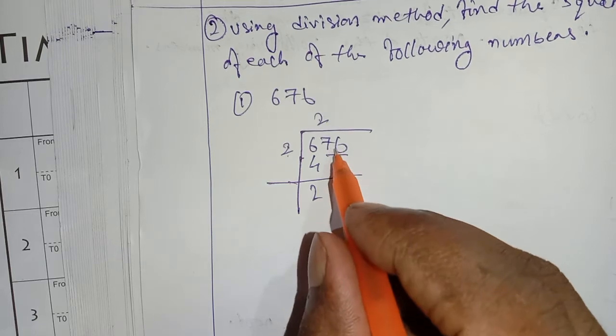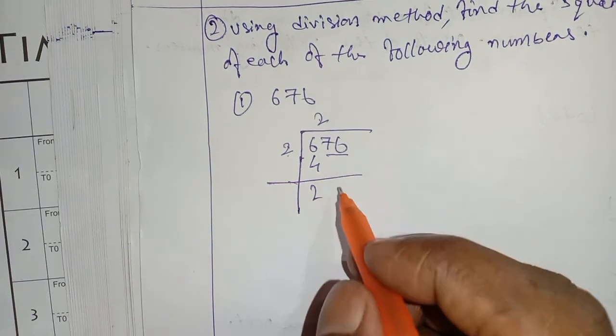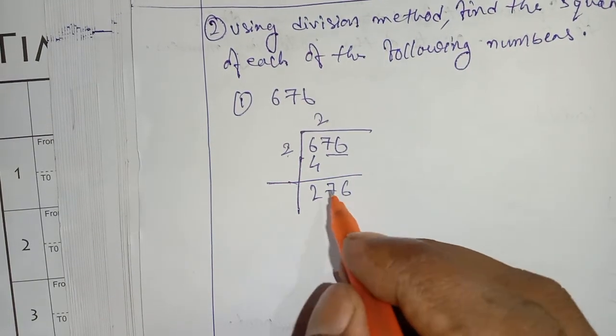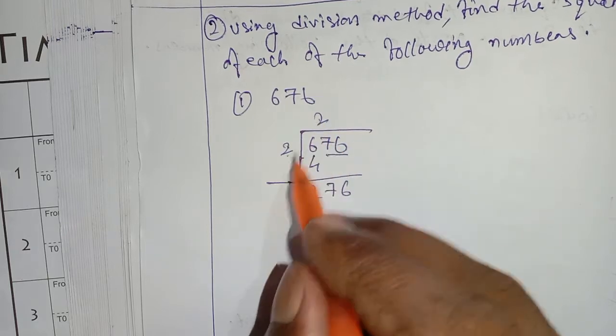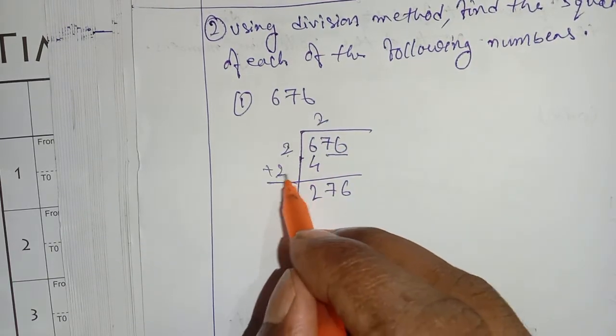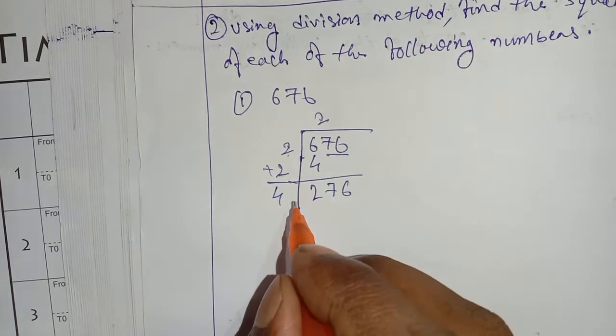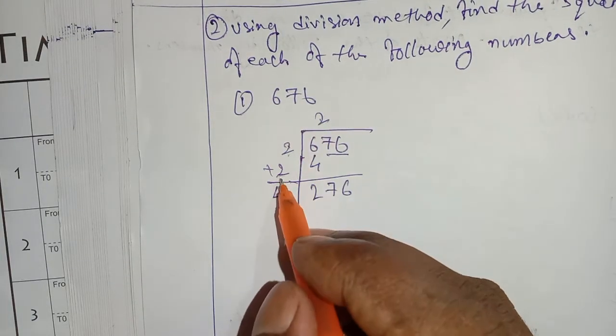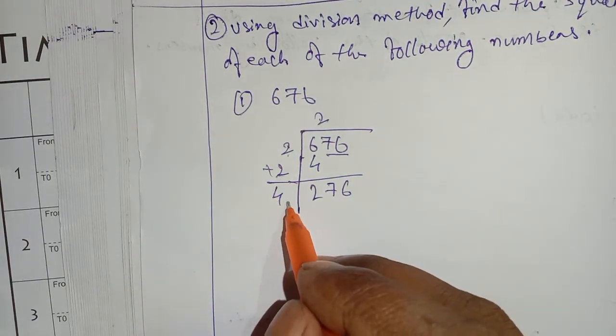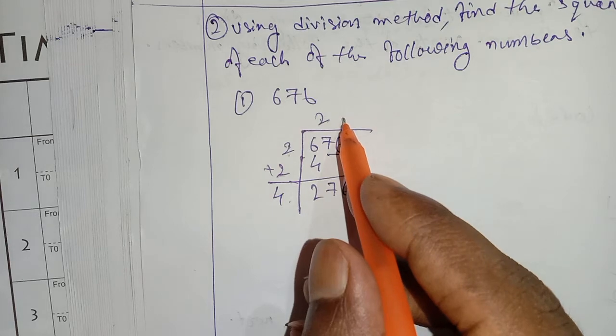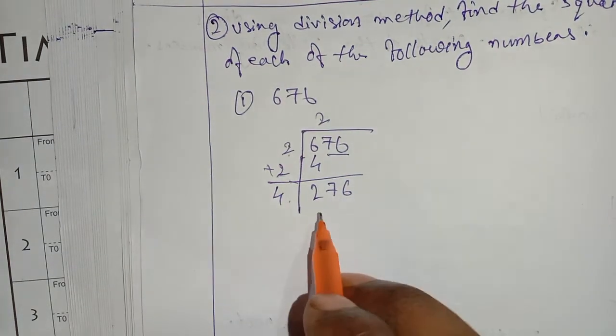Now two digits come down. This 2 will be added to 2, giving 4. Now with 4, what number will be put here and the same number here also, so that we get 276?